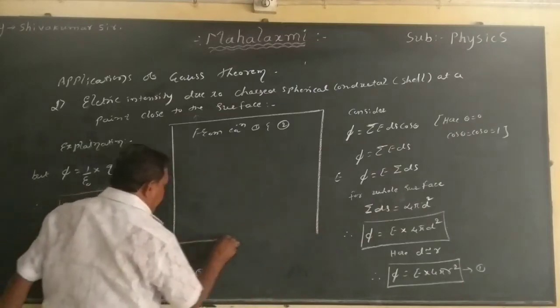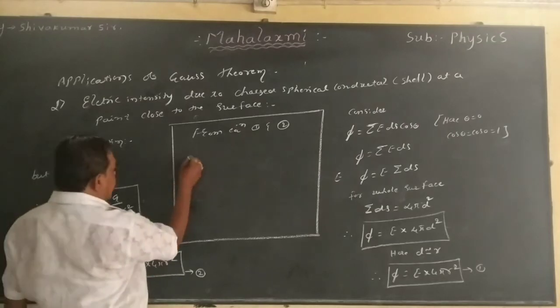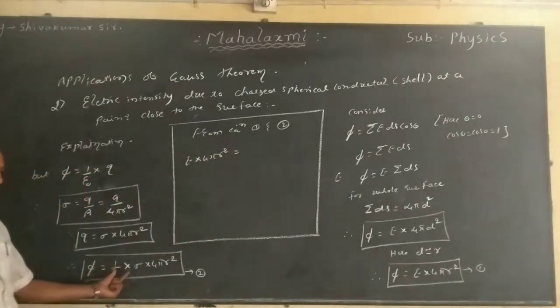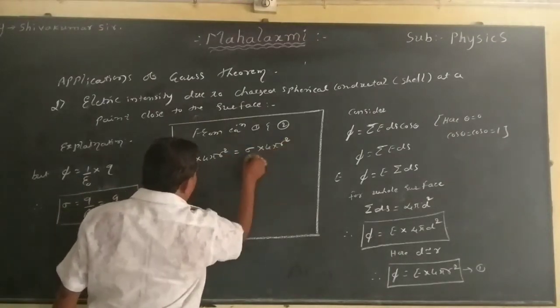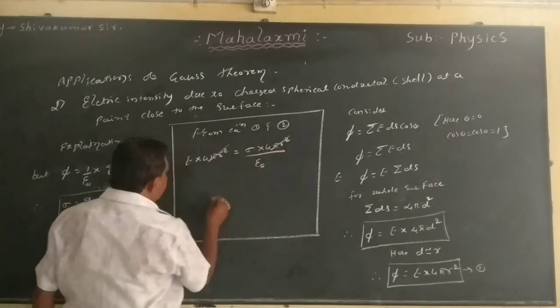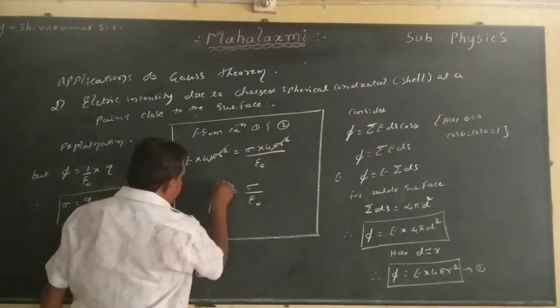I write it in a block. From equations 1 and 2, what is that equation? E into 4 pi r square equals sigma into 4 pi r square divided by epsilon naught. 4 pi r square gets cancelled. The electric intensity equals sigma by epsilon naught. This is your derivation.